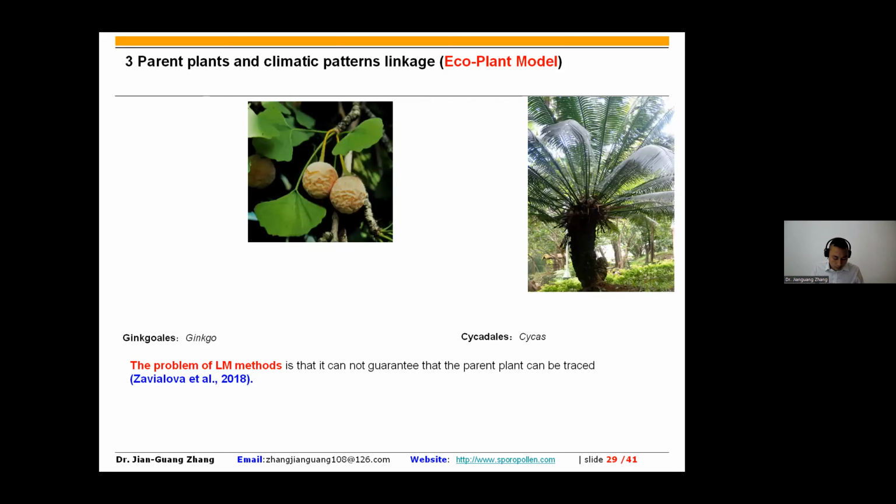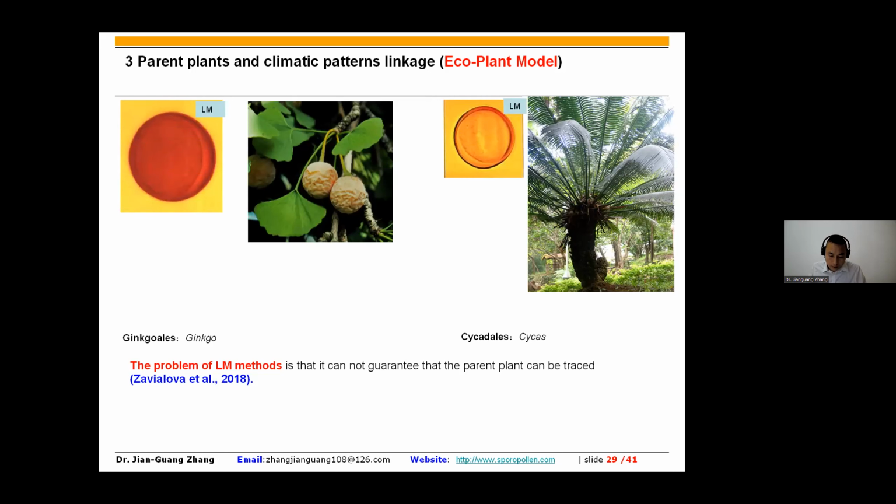The problem of the light microscope method is that it cannot guarantee that the parent plant can be traced. Here is an example. Ginkgoales and Peltaspermales are quite different plant orders. Under light microscope, their pollen grains look the same.